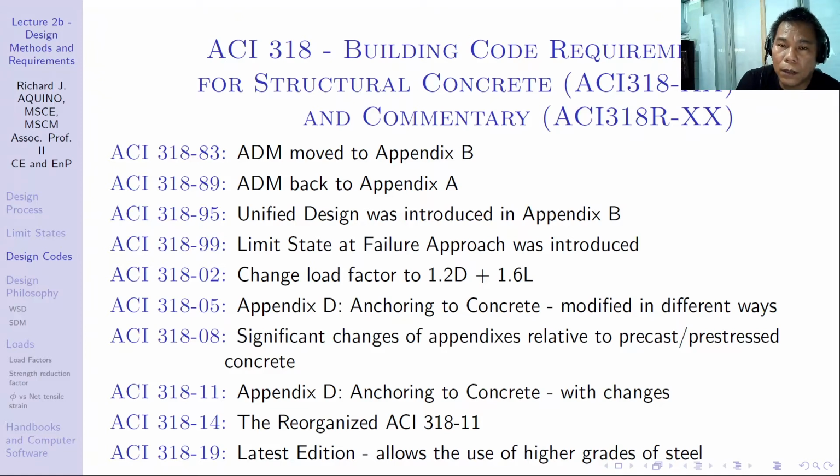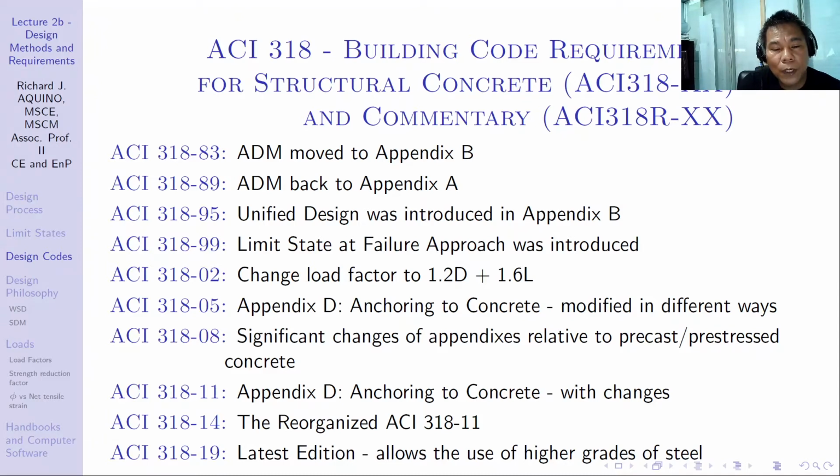What does it mean? Because in the previous editions of ACI, it was quite difficult to look for a particular structural member. So they reorganized the ACI in 2014, so you can easily find, for example, the structural elements for slabs, for beams, columns, and they separated the requirements for reinforcements and other things.